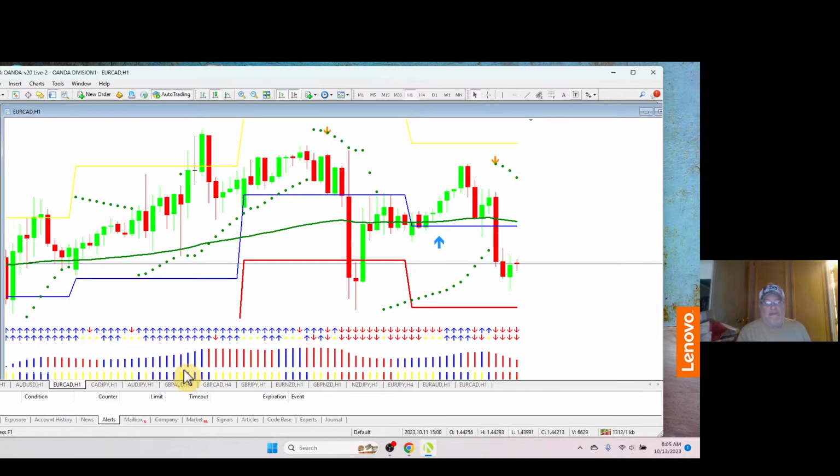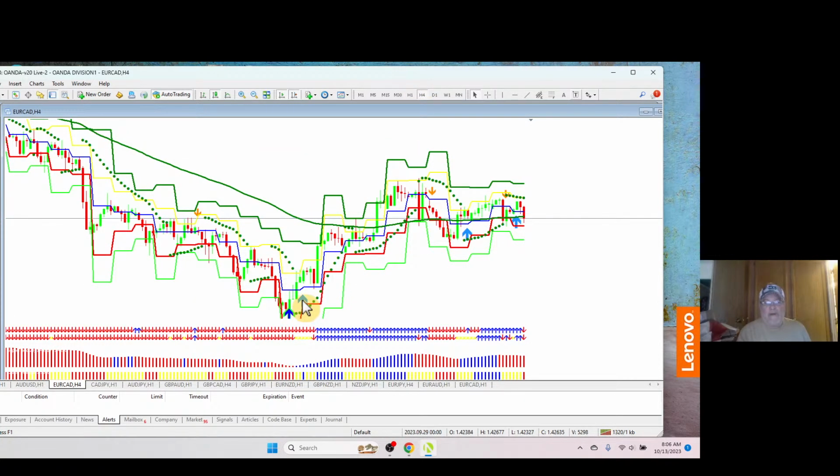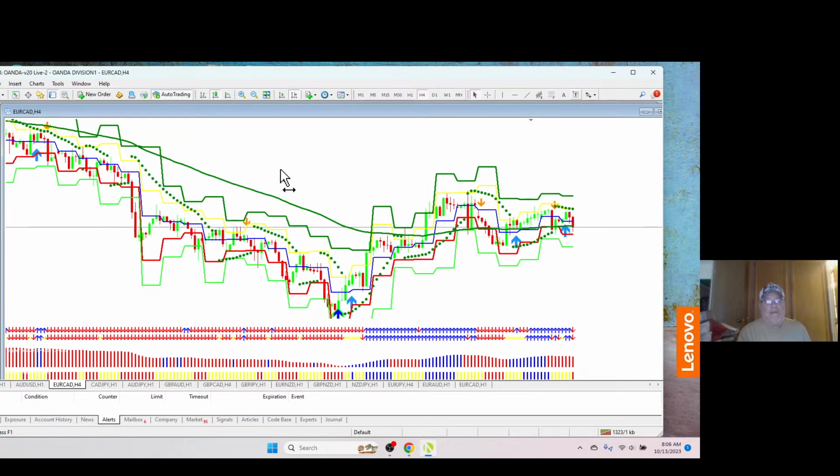Euro CAD, 1 hour. I'm going to squeeze it together. It's in a sell. It filled in the gap and it's sold off since then. Nothing really to do on that either. The 4 hour is in a buy and there should be a sell back over here.